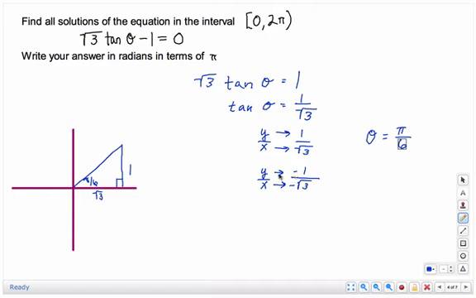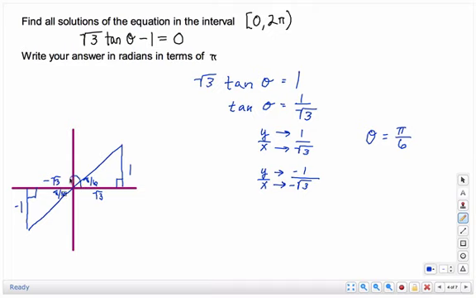And then, I have two negatives here, so a negative x, over here, and a negative y. Negative x and a negative y, that's going to be in quadrant 3. And so this reference angle is still going to be the same, pi over 6.